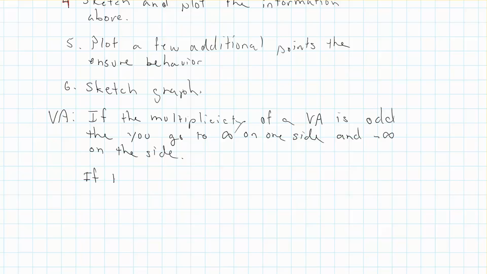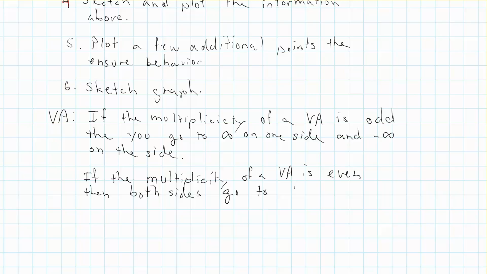If the multiplicity of a vertical asymptote is even, then both sides go to infinity or negative infinity.